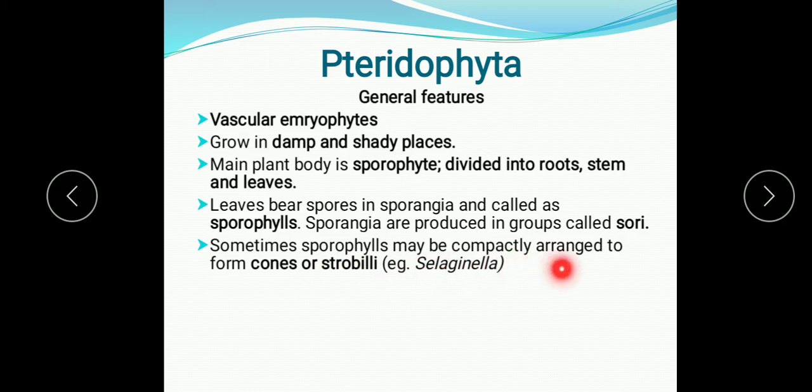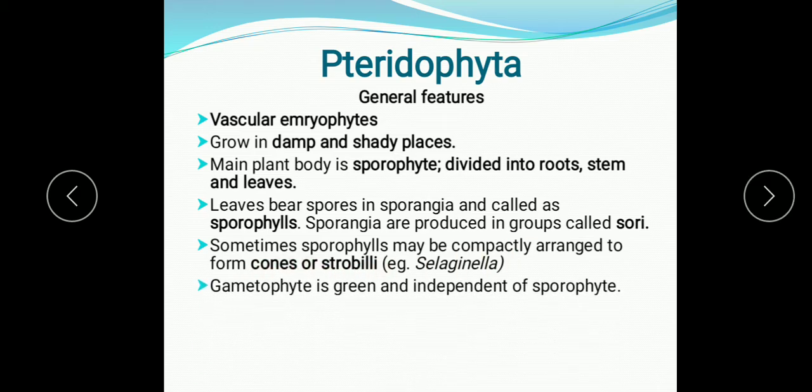Sometimes the sporophylls may be compactly arranged to form cones or strobili, for example in Selaginella. Their gametophyte is green in color and independent of the sporophyte.